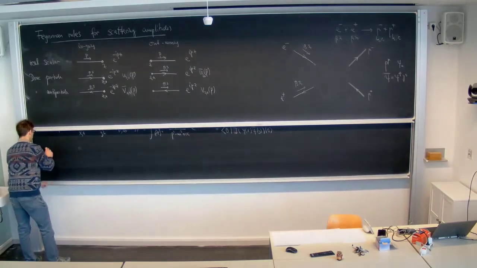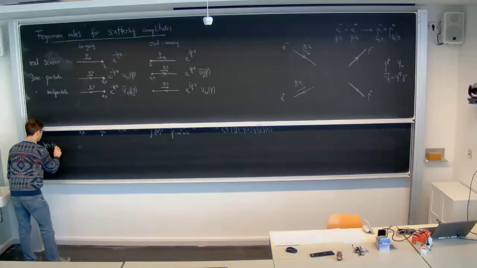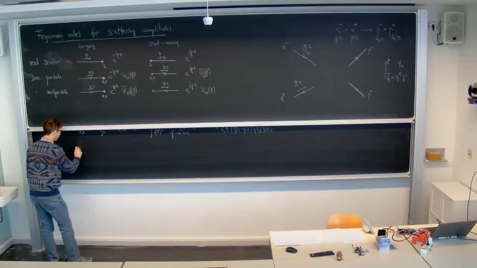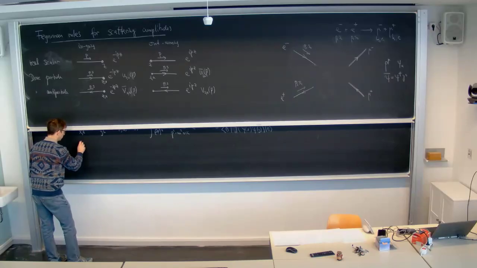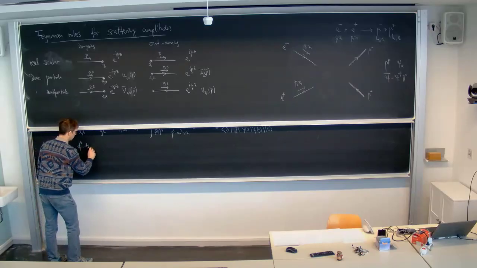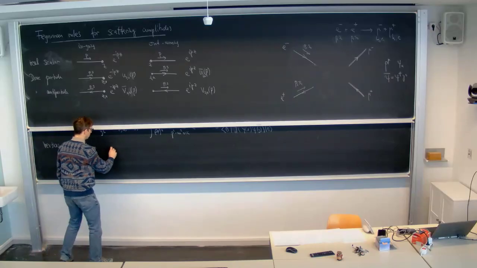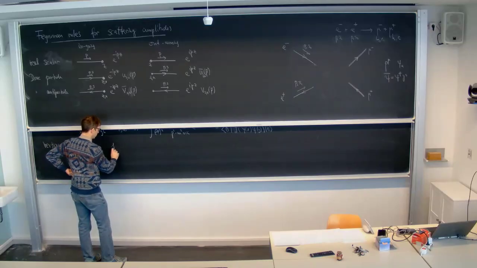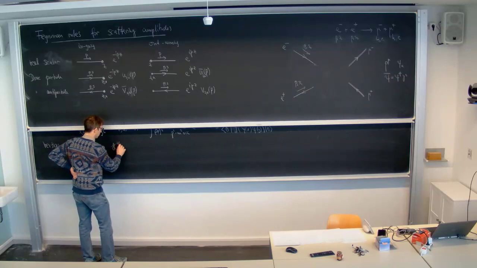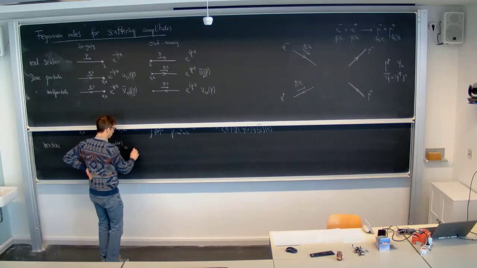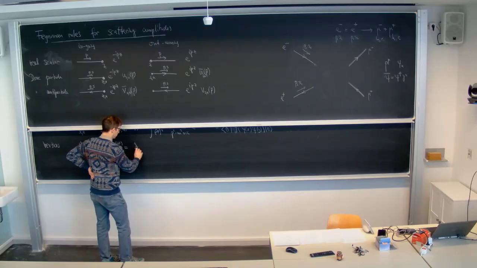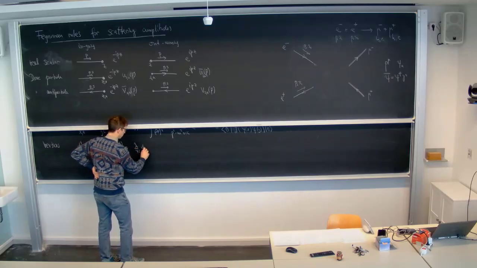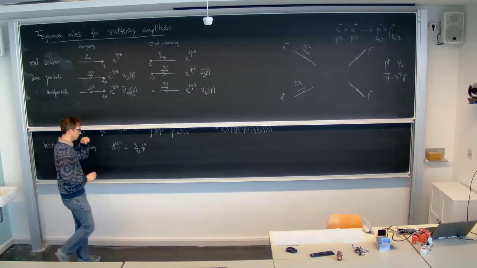Vertices start with phi to the 4th degree, and we had this interaction, which is lambda over 4 factorial, phi to the 4th.